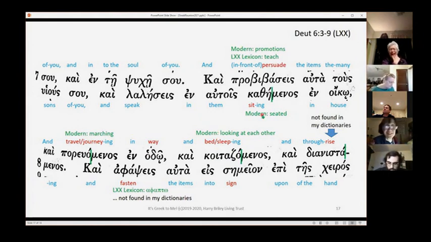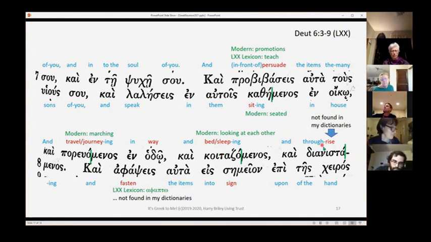So while you're sitting or marching around or even just looking at each other, be talking about these things, persuading your sons. And of course, sons here includes sons and daughters, but the Greek word is sons. So while you're seated or you're marching or you're looking at each other or you're bedded down or you're sleeping. Lying down. Lying down.